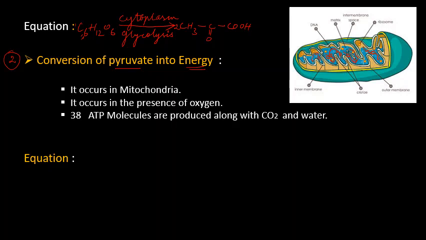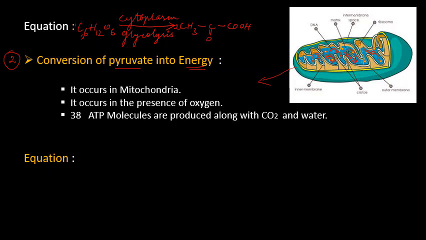So this is mitochondria. You would have learnt about this mitochondria. It is one of the cell components, and it is also called the powerhouse of the cell. Right? Now, in between the first step, that is glycolysis, and this one, conversion of pyruvate into energy, there are other 2 steps involved, that is Krebs cycle and electron transport system.